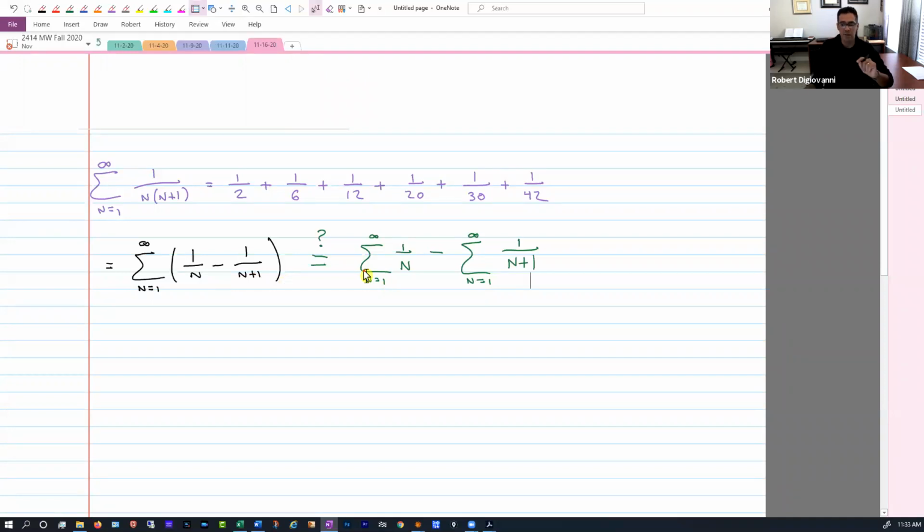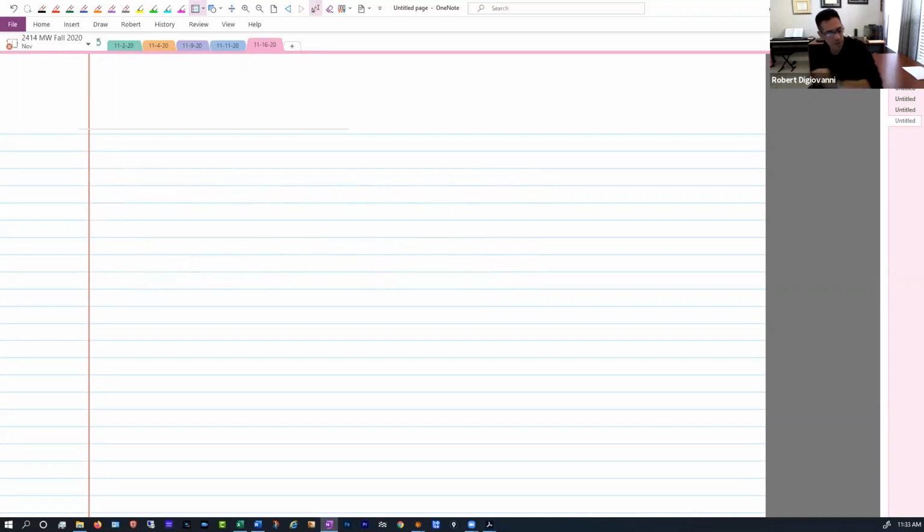And I have to give you a theorem before we continue, all right? But I didn't want to give you the theorem until I showed you why we would need it. So here's a little step to the side. We have a theorem that says this. It says that the sum n equals 1 to infinity of some sequence a sub n plus or minus some other sequence b sub n is equal to splitting up the sums.